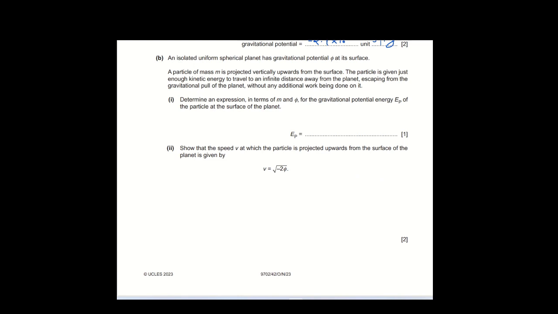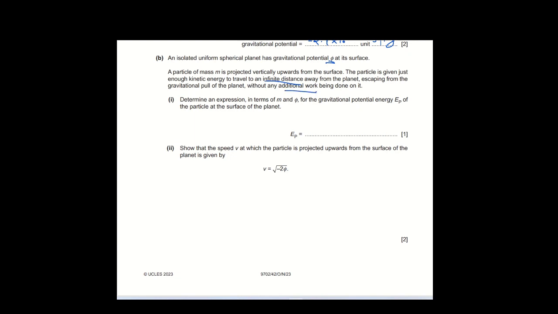An isolated uniform spherical planet has gravitational potential phi on its surface and a particle of mass m is projected vertically upwards from the surface. The particle is given just enough kinetic energy to travel an infinite distance away from the planet, escaping from the gravitational pull without any additional work.